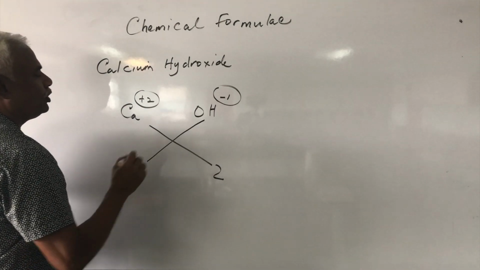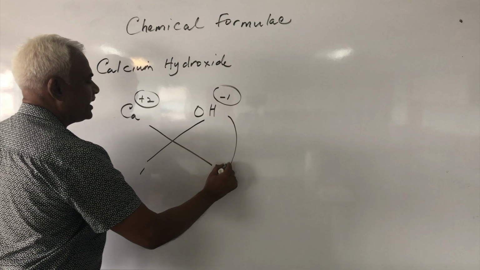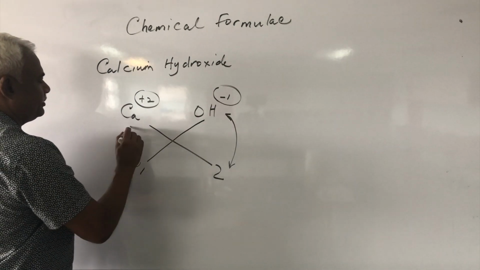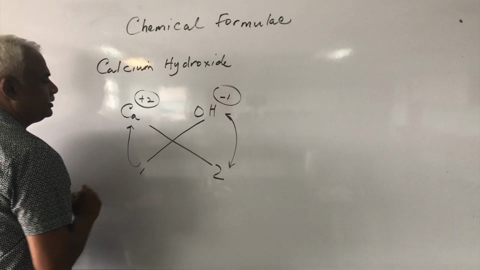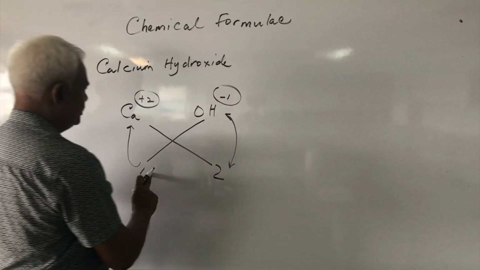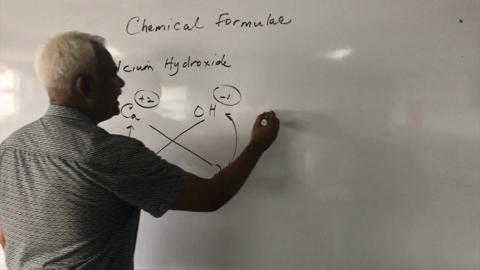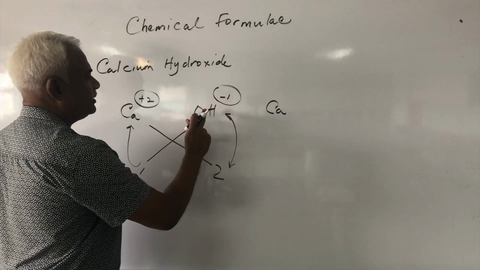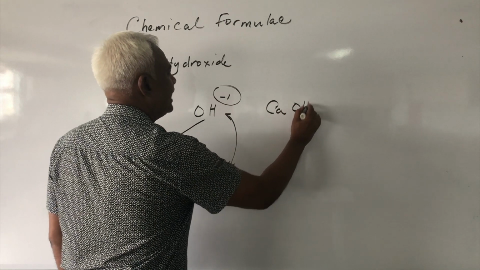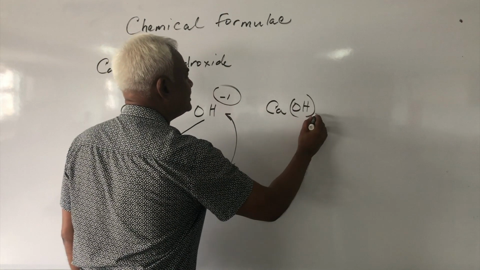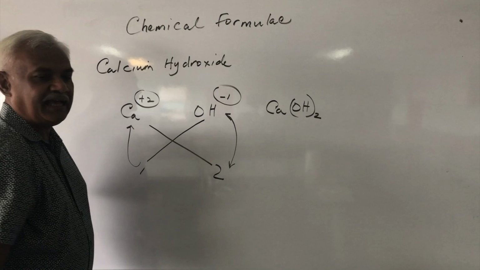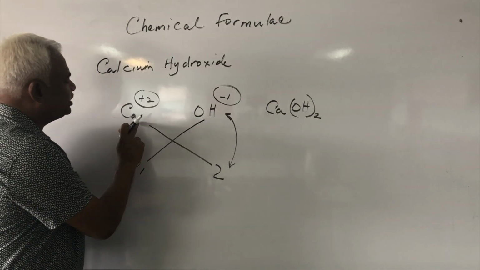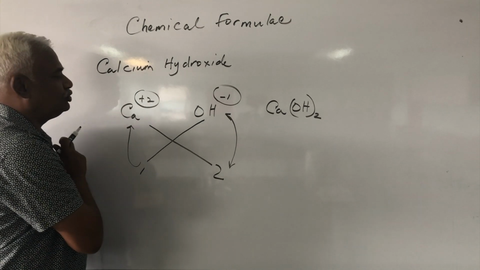All right? Now, we then look to relate the numbers like this, which will give us 1 calcium, hydroxide 2. Hydroxide, brackets, 2. That's calcium hydroxide. Let me repeat. The charge on the calcium ion is +2.